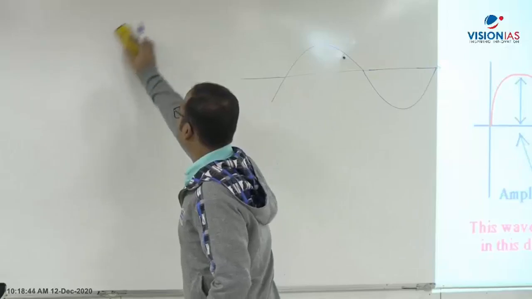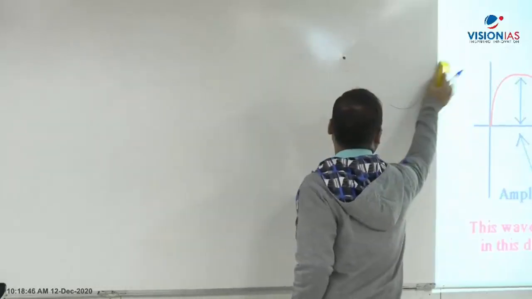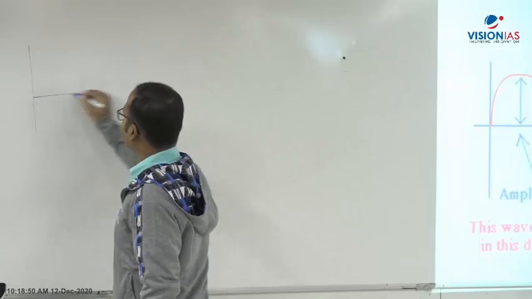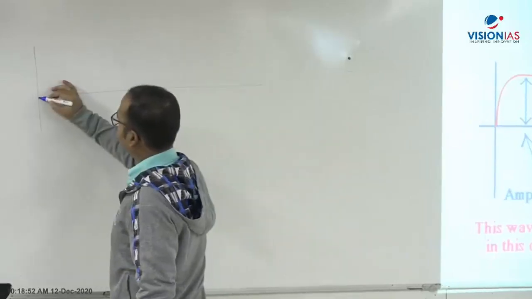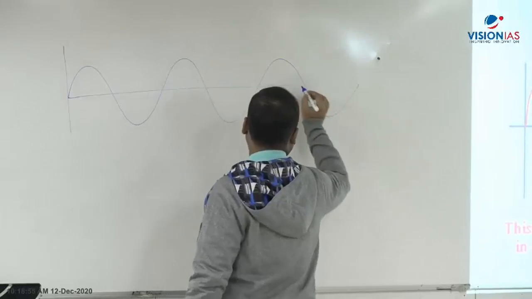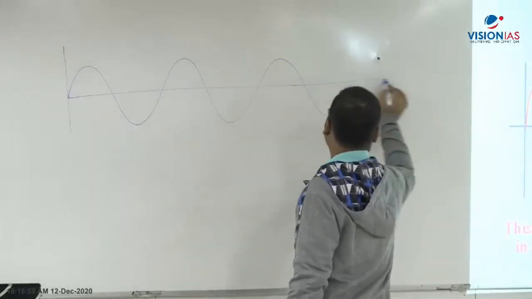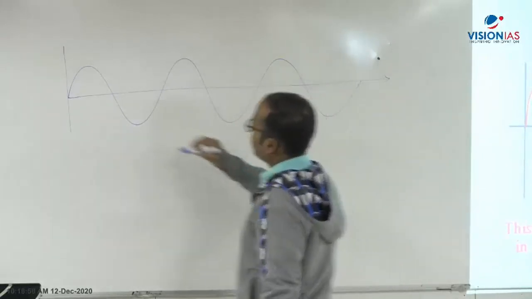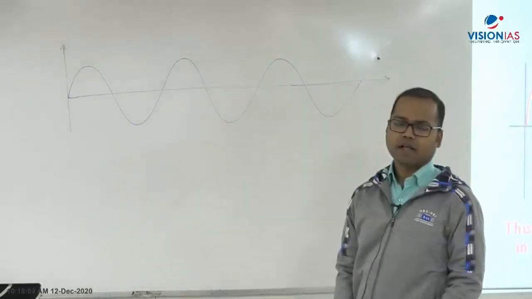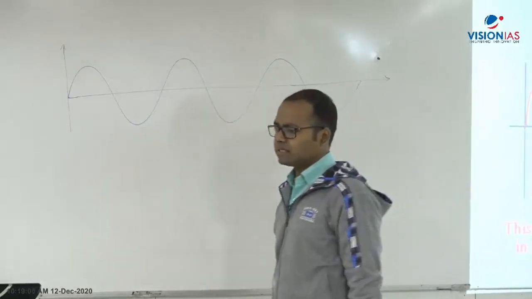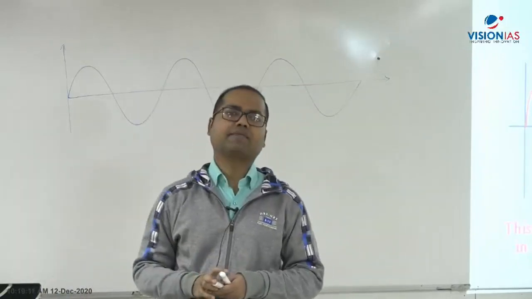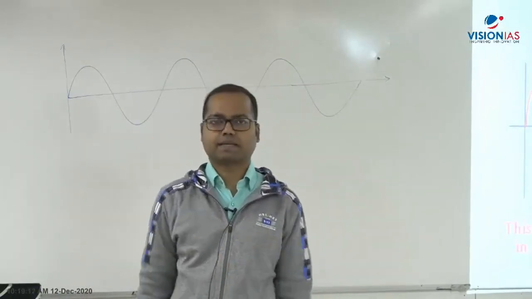Let me make it once again. So it is defined by a curve, any curve it can be, sine or cos. So this is what a wave is. A wave has some properties, for example wavelength and frequency. Now we are going to deal with these concepts.